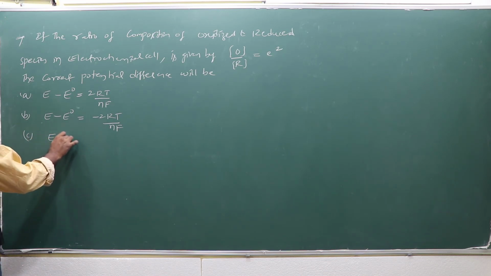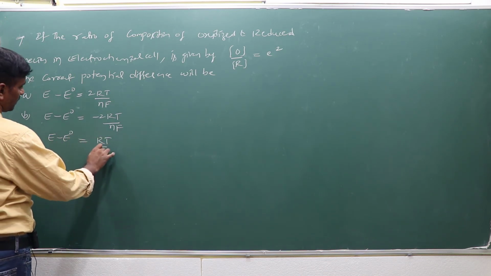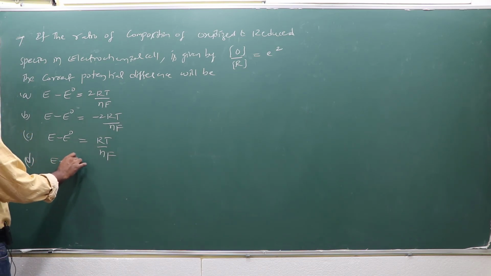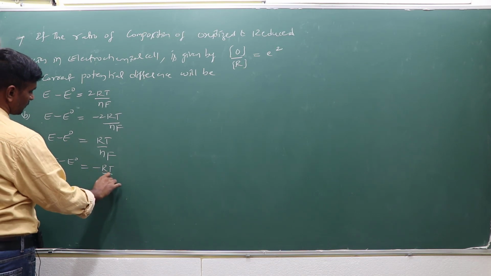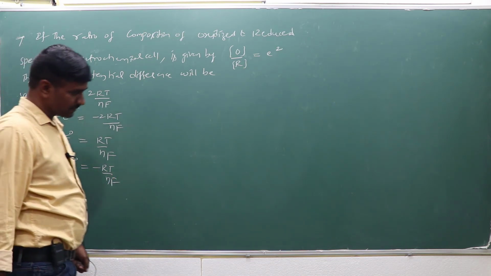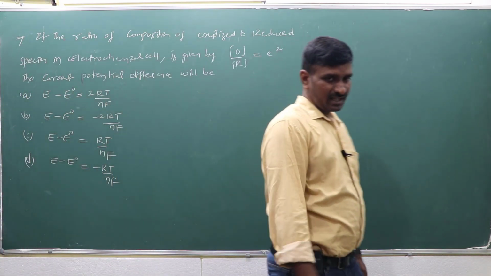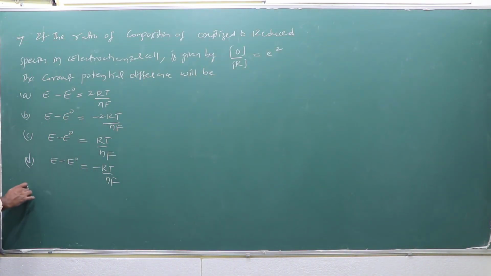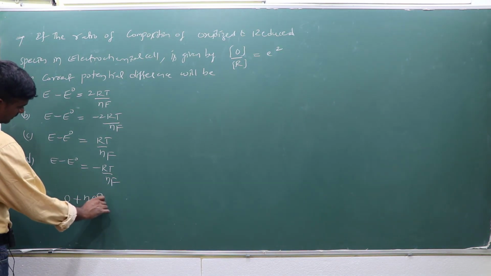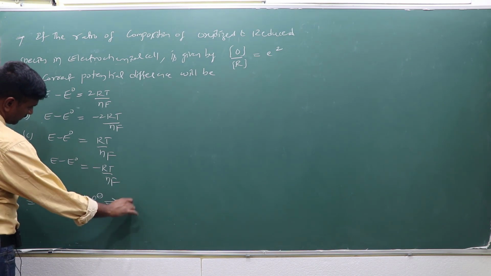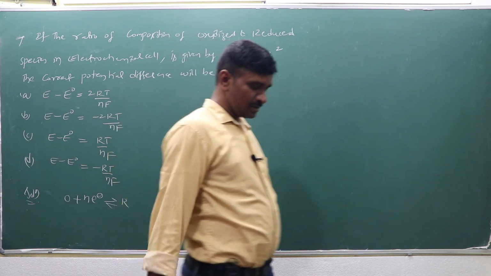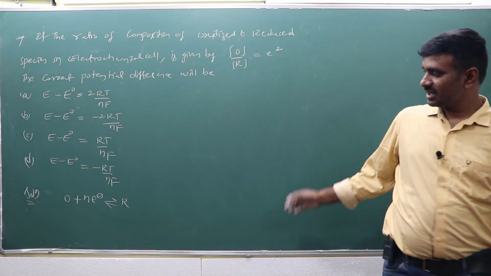Option C: E minus E naught is equal to RT by NF, and D: E minus E naught is equal to minus RT by NF. Here we have imagined the reaction, as in the earlier problem I mentioned, that type of reaction. It may be the oxidant with n number of electrons going to the reductant. That is the earlier problem I mentioned, and a similar one is there.